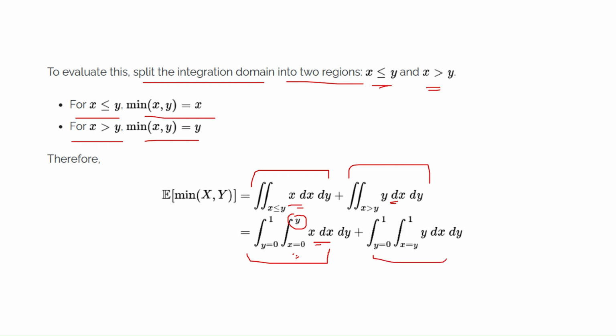Similarly here, the lower limit of the range would be starting from x is equal to y and goes up to 1, because here x is greater than y. The limit on the outer integral would be from y equal to 0 to 1, because this is not constrained here. So this is now an expression that we can evaluate because we don't have functions in the integral. So now let's see how we evaluate this.